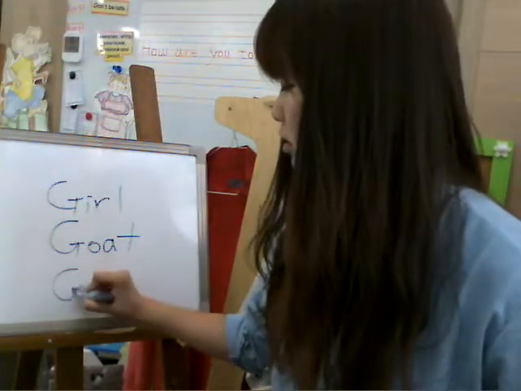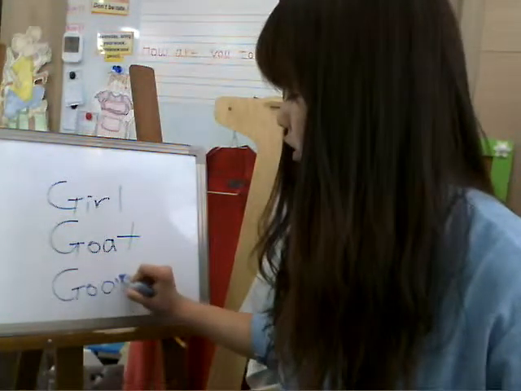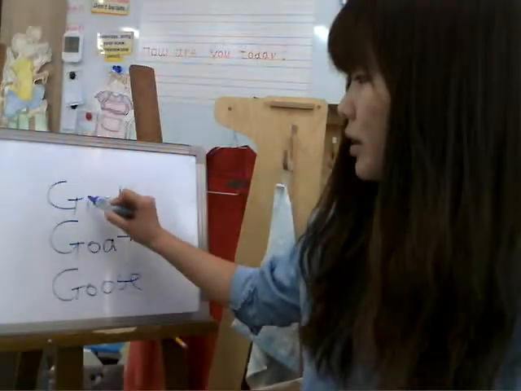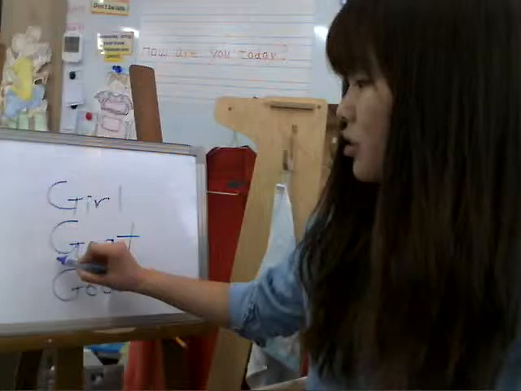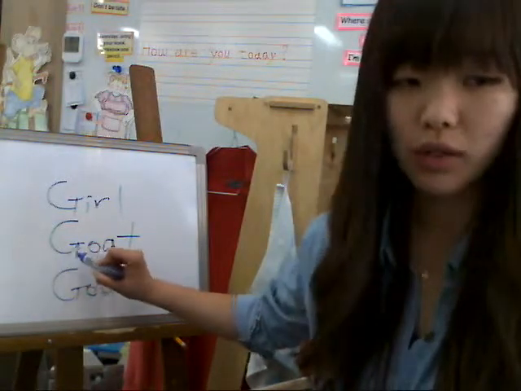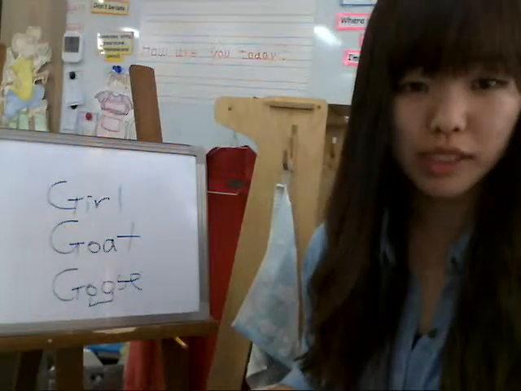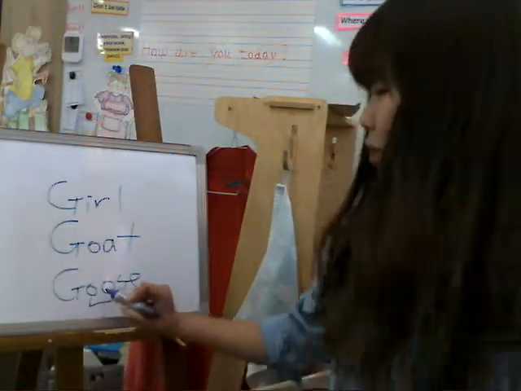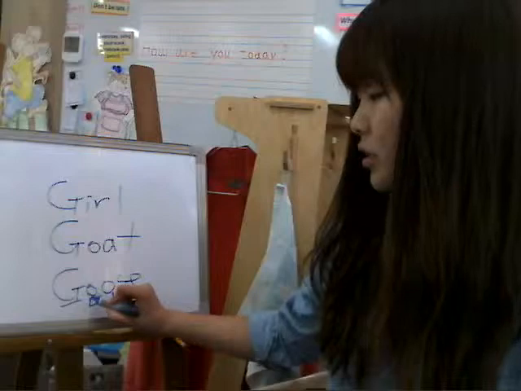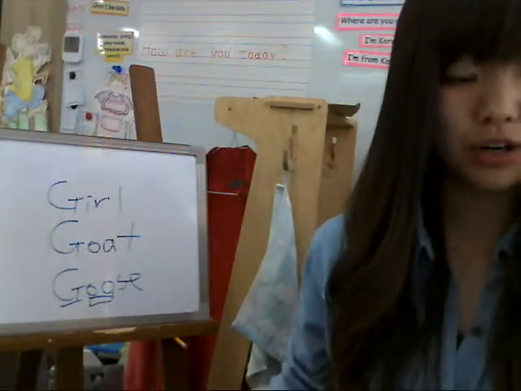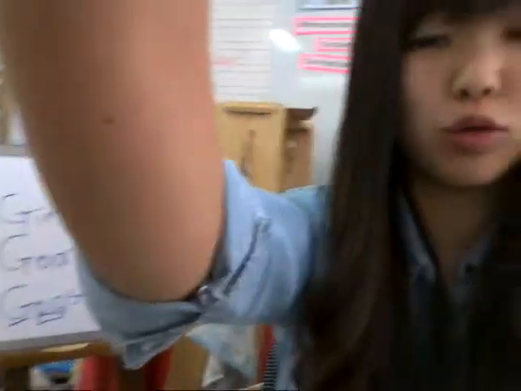Number 3, goose. So girl with I, G, goat with O, and 2 O's make oo sounds. So goose makes goose, goose, goose. Girl, goat, and goose.